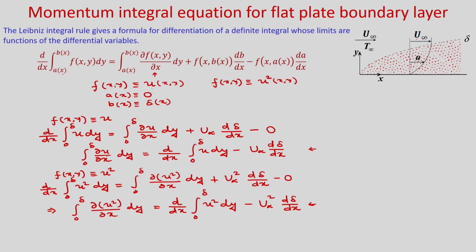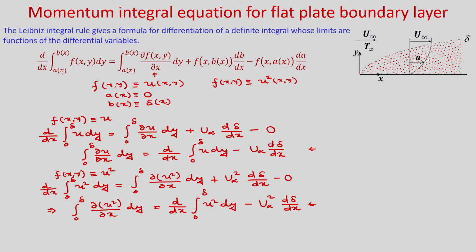So, now inside the integral we had a partial derivative, but using this Leibniz integral rule, you have used the ordinary derivative d/dx and dδ/dx, similarly for these equations. Now, you put this expression in the left hand side terms.